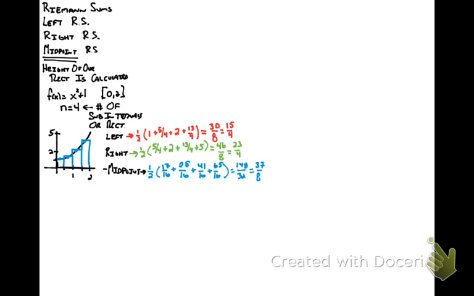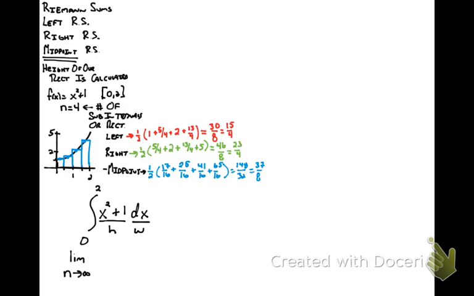Now, what we're going to learn how to do moving forward is how to actually find the exact answer. And to do that, we would need to look at what's called the definite integral from 0 to 2 of x squared plus 1 dx, where x squared plus 1 represents the height of each rectangle, and dx equals the width of each rectangle. It's gotten infinitely small because we've looked at the limit as n goes to infinity, right?